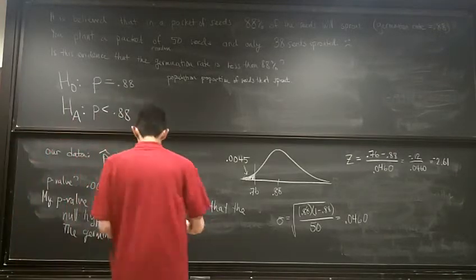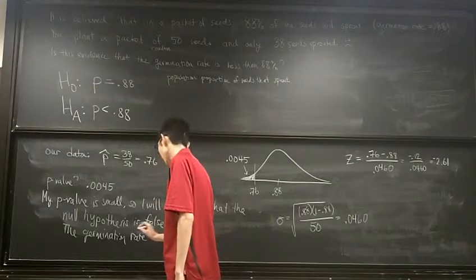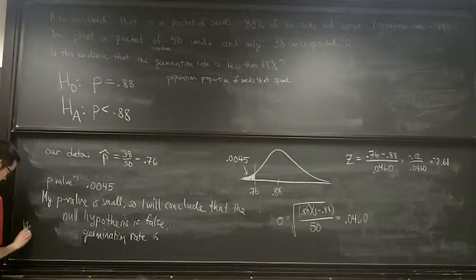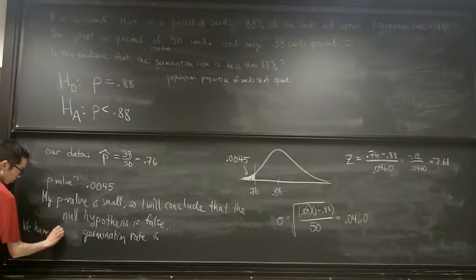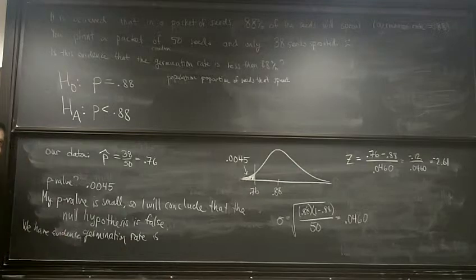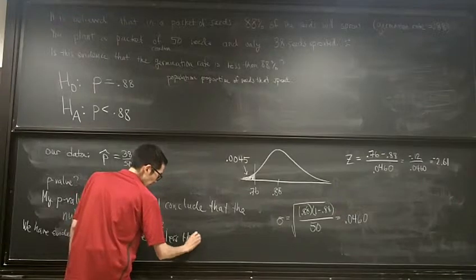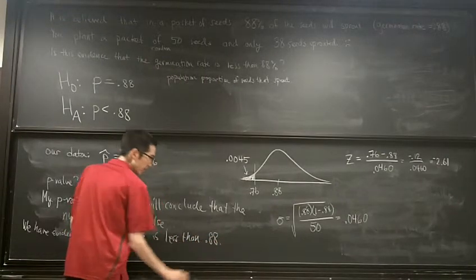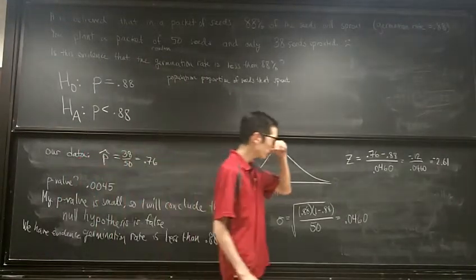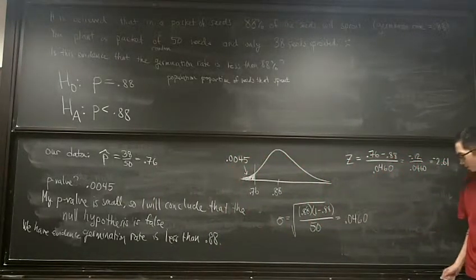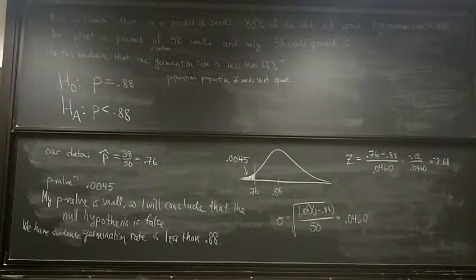So we have evidence that the germination rate is less than 0.88. Okay? With the way we're setting up our statistics, or our tests, it's not correct to say likely to be false or not, okay?